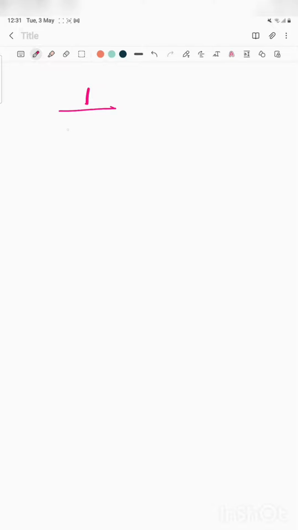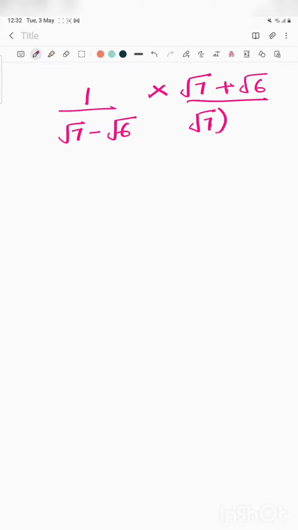Now we'll take one more example: 1 upon root 7 minus root 6. So what will be the conjugate of root 7 minus root 6? It will be root 7 plus root 6. So you will have root 7 plus root 6.